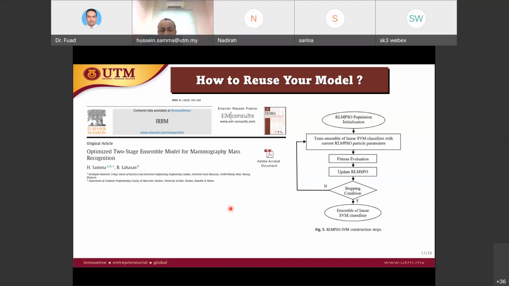But you just apply it to a different application, as can be seen here in our paper. We are trying to use our first model in order to do some kind of training of a two-stage model. So this is another idea for you to reuse your model.